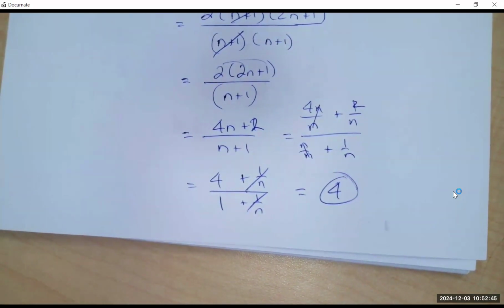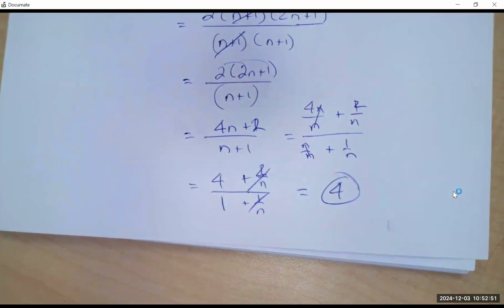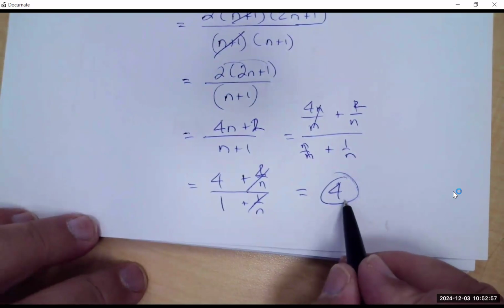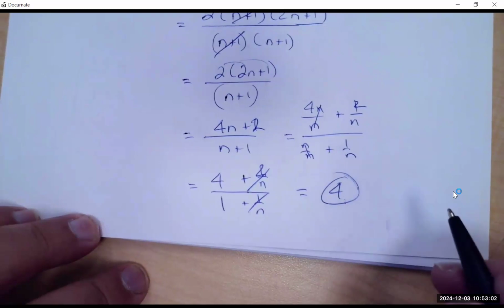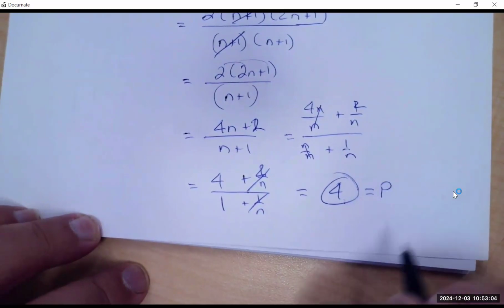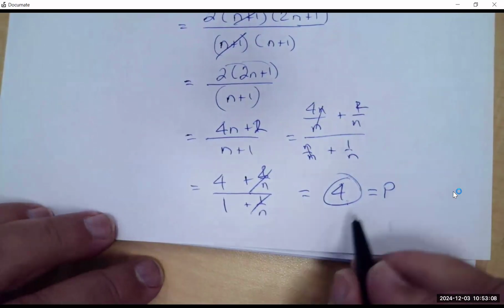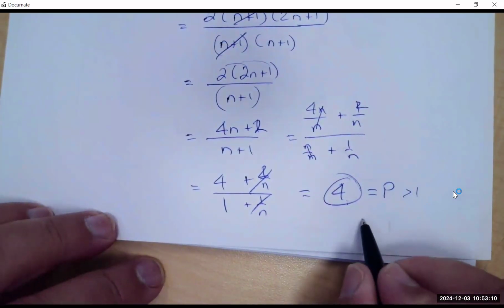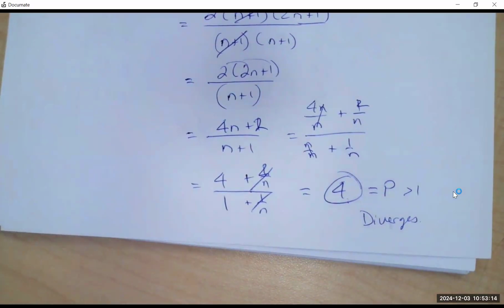But yeah, good catch. So what does this tell us? Remember what that was, since this is my p-value. Since p is greater than 1, it diverges.